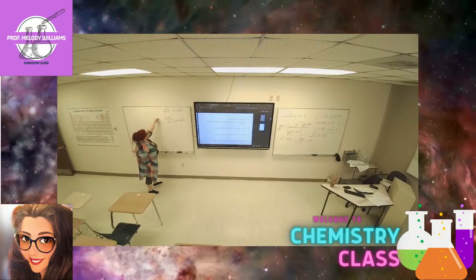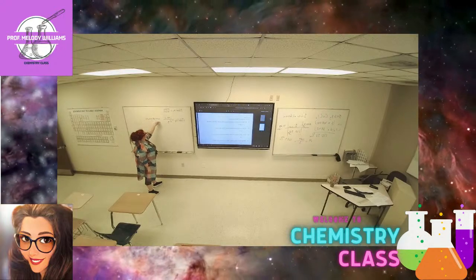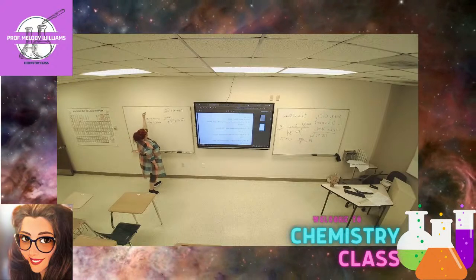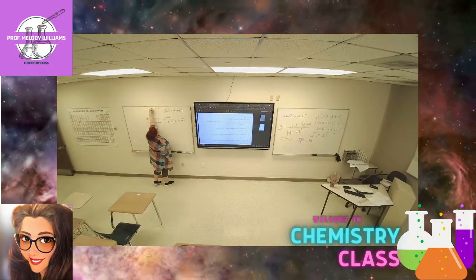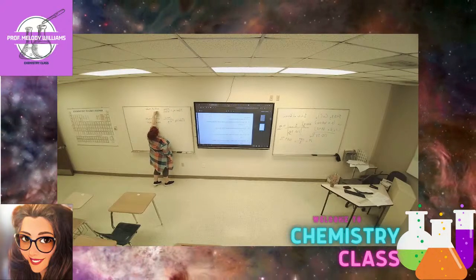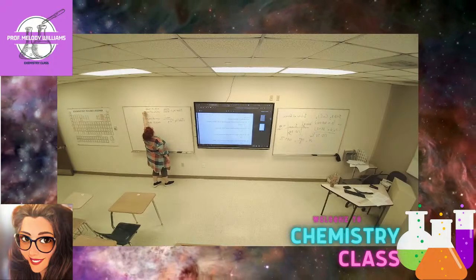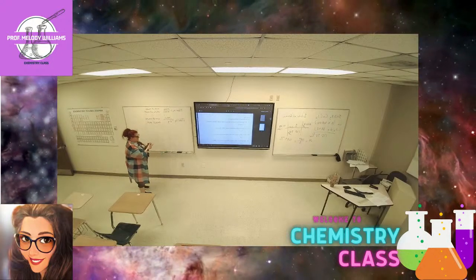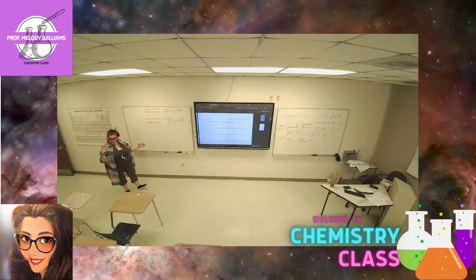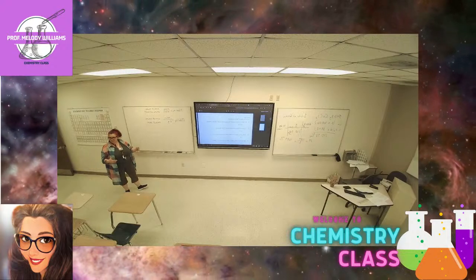Molality, this is amount of stuff over mass of stuff, right? This is amount of stuff over volume of stuff. Volume and mass are not the same thing, are they? They're not the same thing. So volume is how much space is taken up. Mass is how much stuff weighs, right?